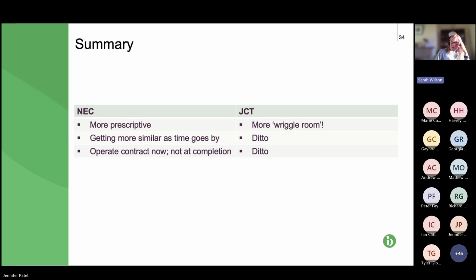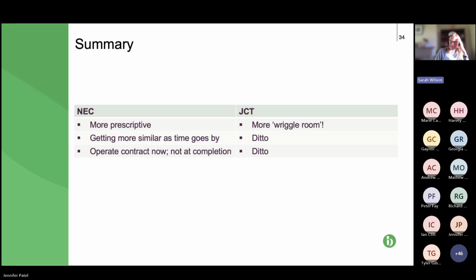As we've seen, they are sort of getting more and more similar as they go along, but still, please remember when you're operating NEC, it is about operating and fulfilling the contract requirements and contract obligations now, submitting your paperwork now, not leaving it all till completion, because you will come unstuck with those provisions that kind of result in you not being entitled to any payment.